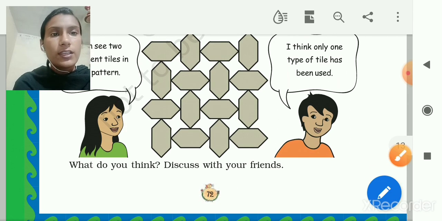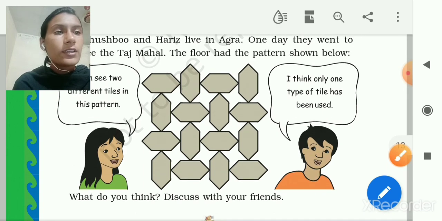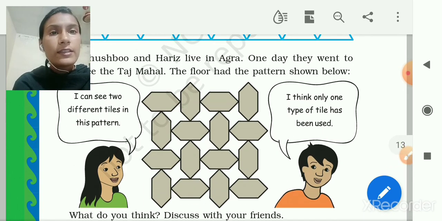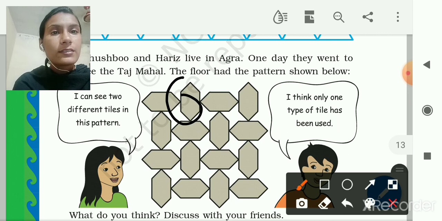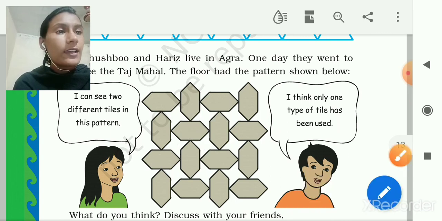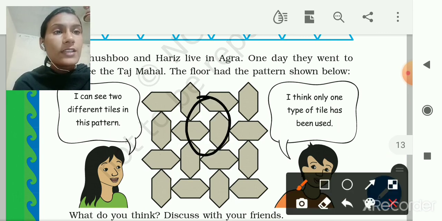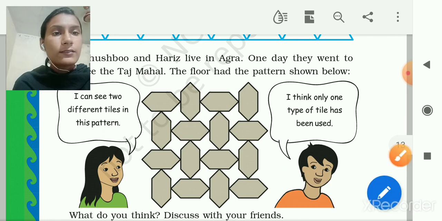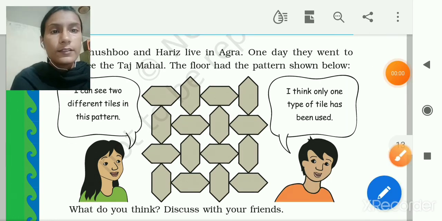Now what do you think? Discuss with your friends. Here are two different tiles, or only one type of tile. Now think.